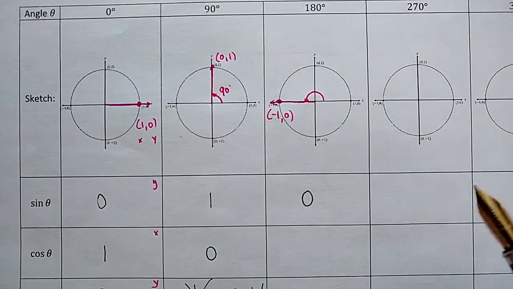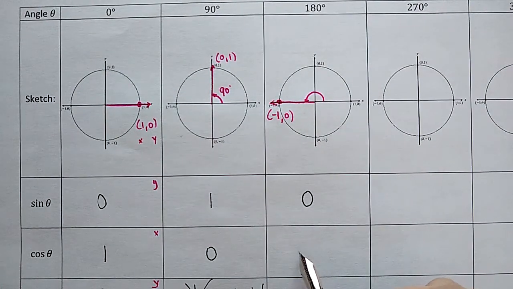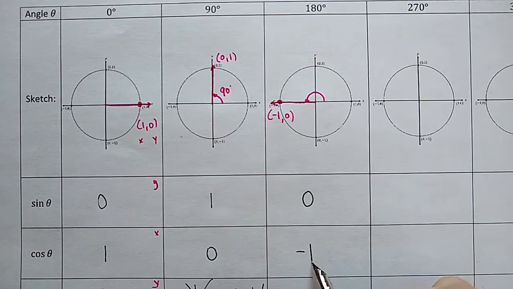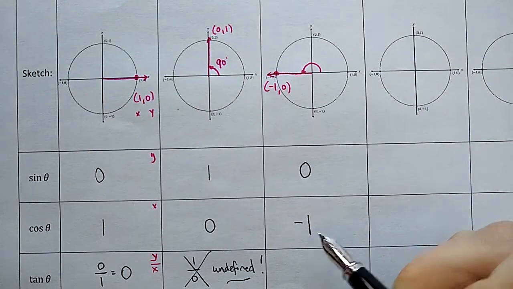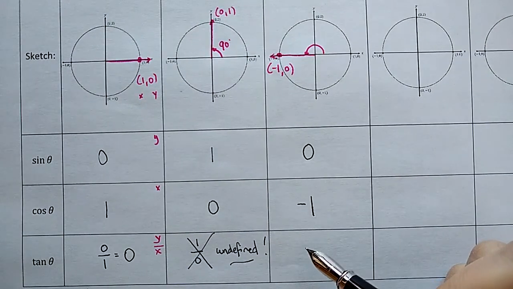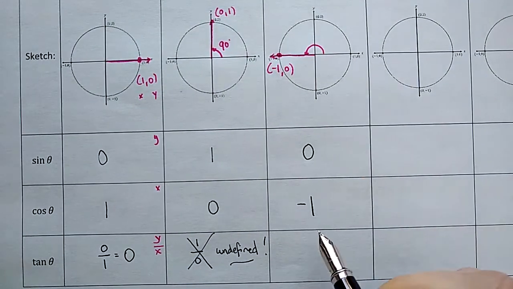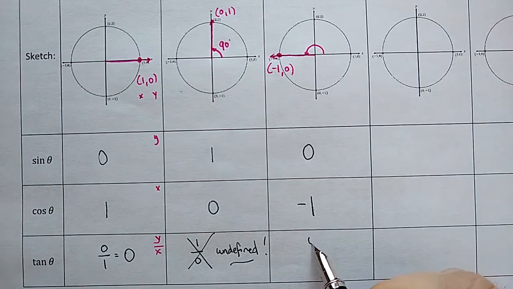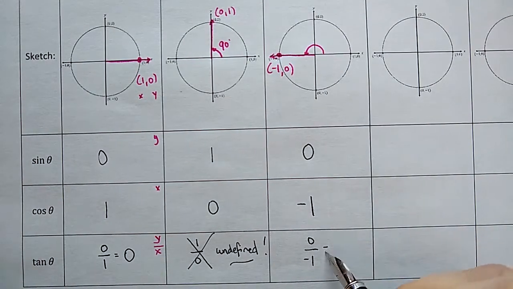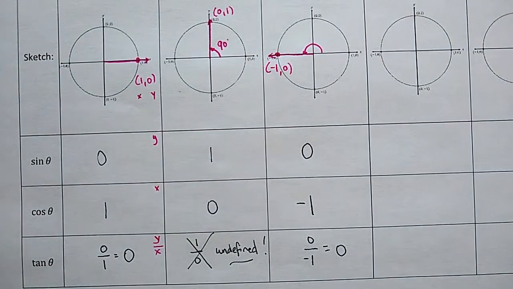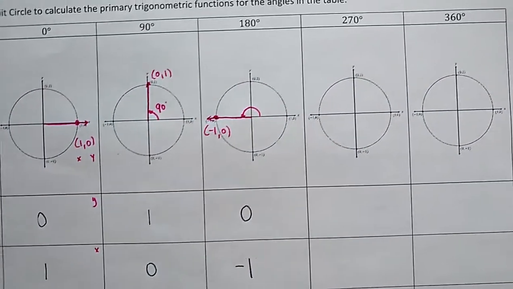The x value tells us the cosine. Cosine of 180 degrees is -1. Notice that it's negative. Tangent of 180 degrees, let's take the y value, 0, divided by the x value, -1, and that's just 0. You might see a pattern forming here.